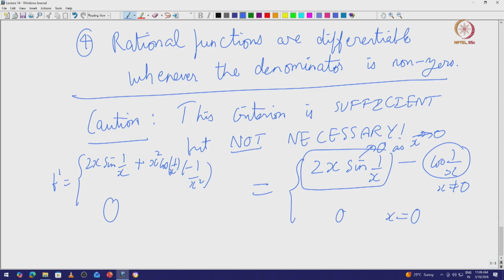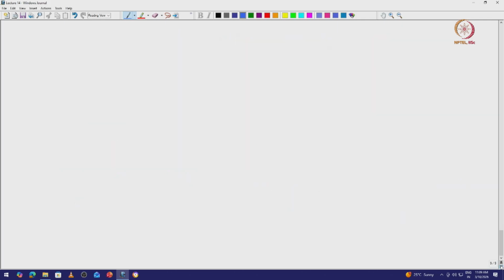So you need to just choose a sequence of xn so that 1 divided by xn is chosen in such a way that cos oscillates between 1 and minus 1. Okay. With this hint, you should be able to choose that sequence. So I'll leave this to you as an exercise. So the bottom line is this is not necessary, okay, even in one variable calculus. In other words, you can be differentiable even without the derivative being continuous.